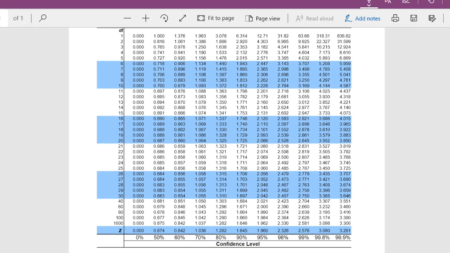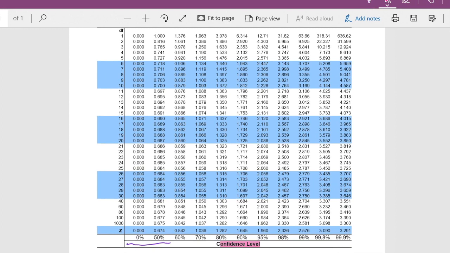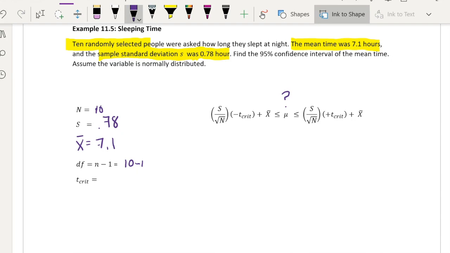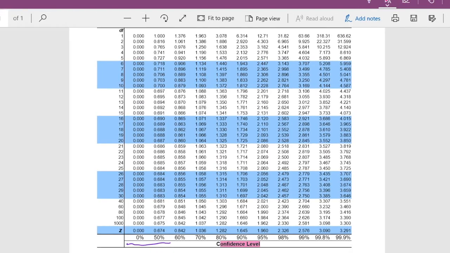What you need to know when you're doing a confidence interval is that you're going to use the bottom of the t-table, where it says confidence level. Let me go back to the problem. You need to determine what confidence level you're going to use, and it's right here. It is 95% confidence. Back to the table. So 95% confidence, that's there. My degrees of freedom, I believe, were 9.